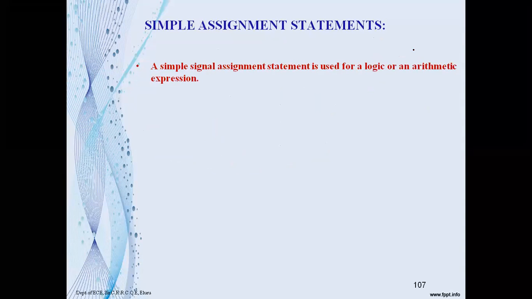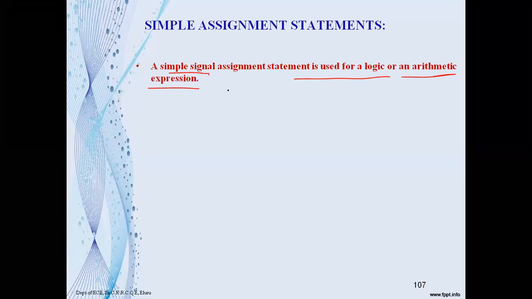First, the simple assignment statement. A simple assignment statement is used for a logic or arithmetic expression. You can straight away implement a logic expression or a mathematical expression using this simple signal assignment.